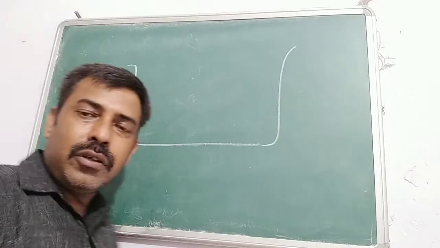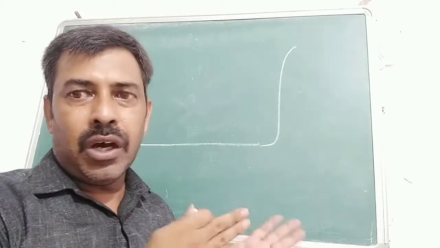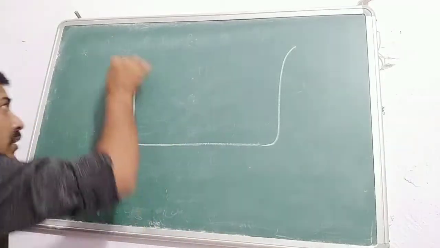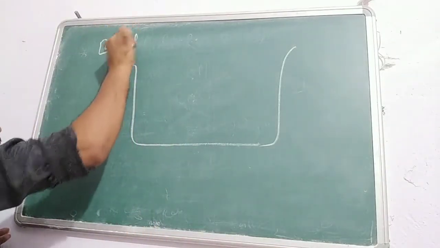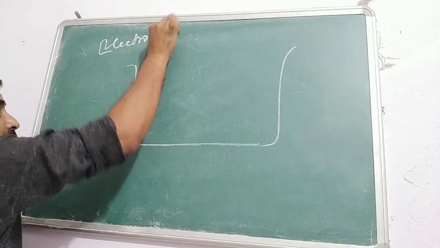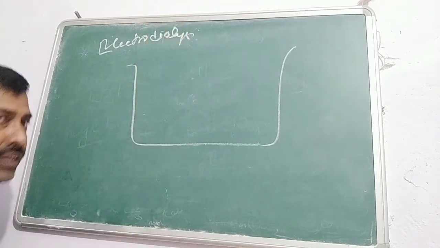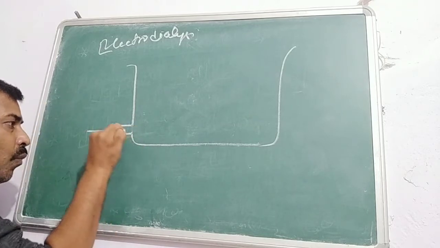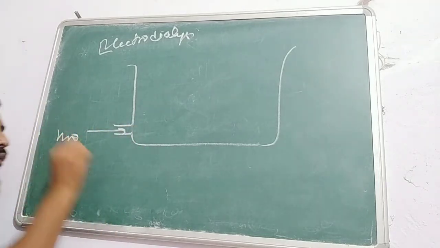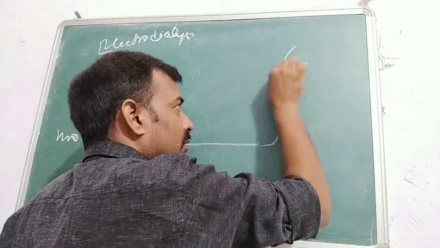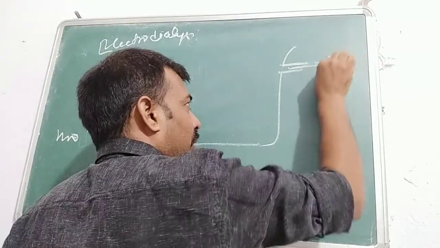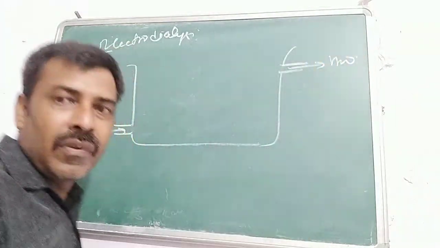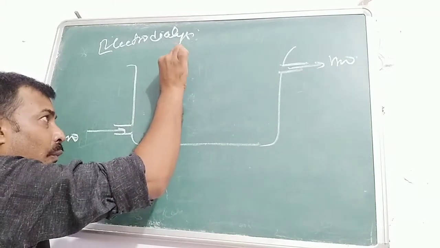So we are trying to draw the arrangement for electrodialysis. In this electrodialysis, we are taking a container having a water supply, H2O, and the water's exit will be from somewhere here, and we will put a porous container.